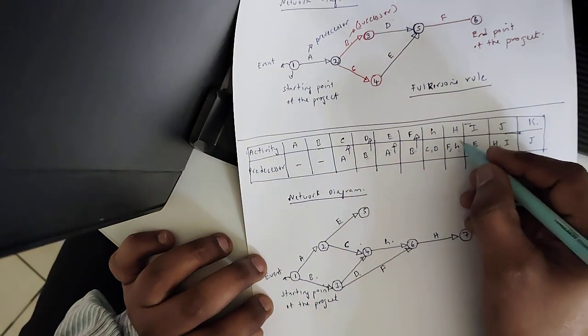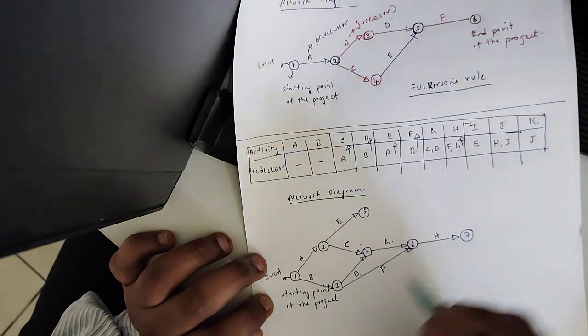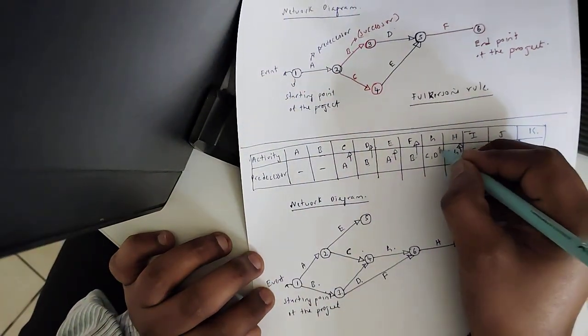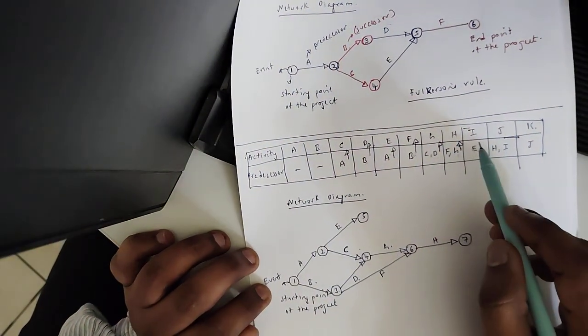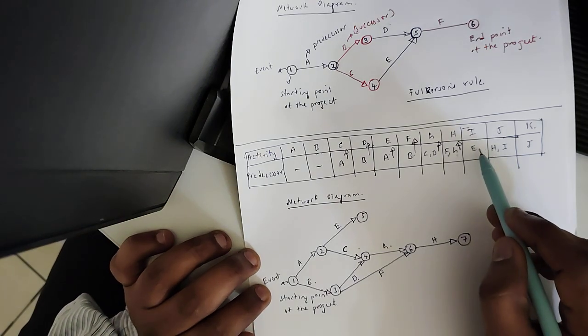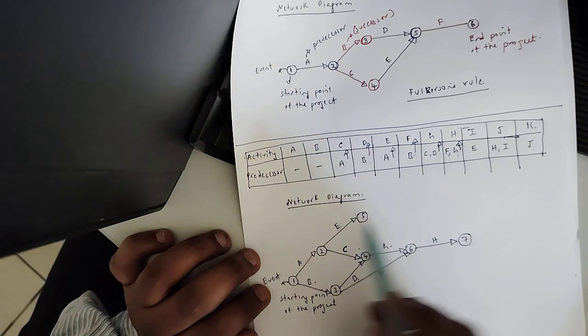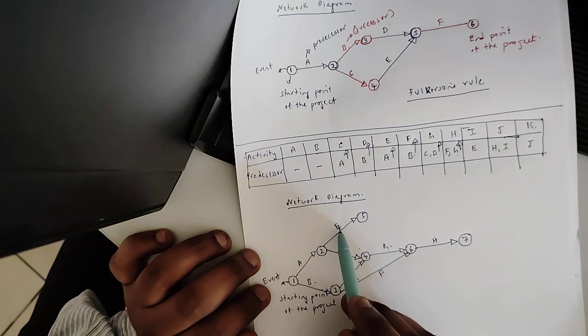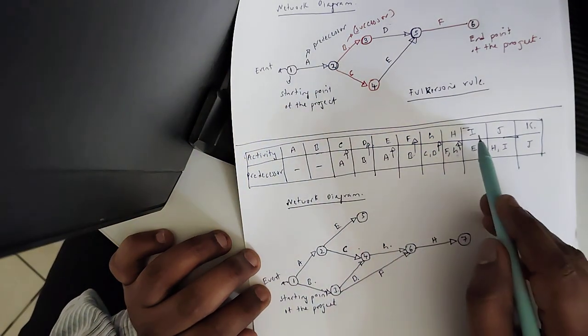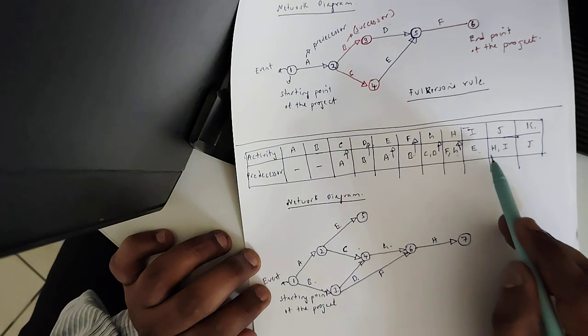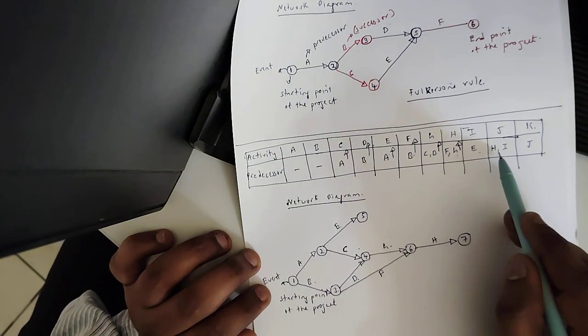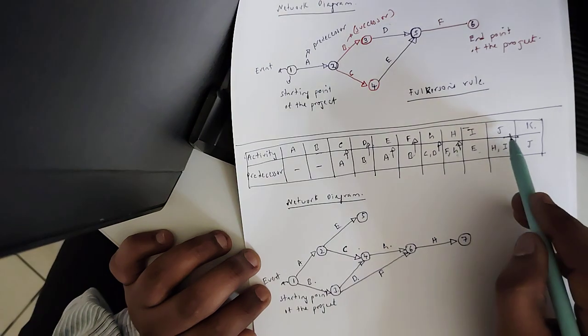Now this is over, and this is also over. Now we come to I. For I, E is the precedence. Where is E? E is here. So E is the precedence for the I activity. Now come to J. H and I will be the precedence for J. So be careful.